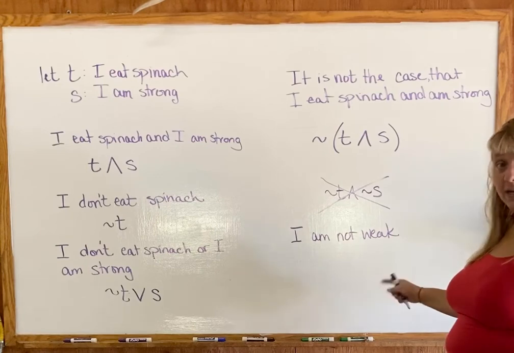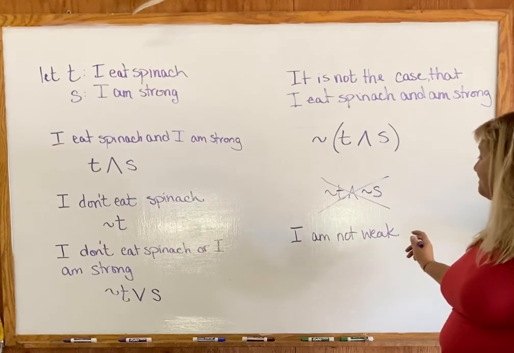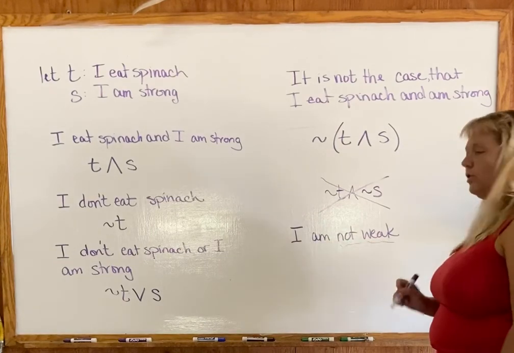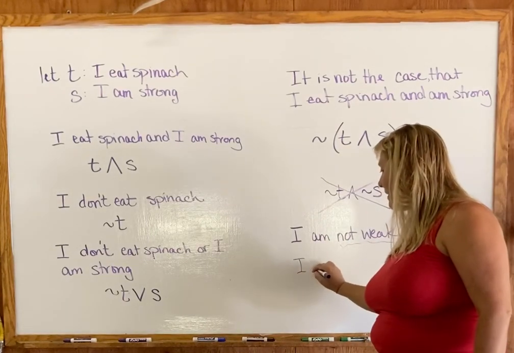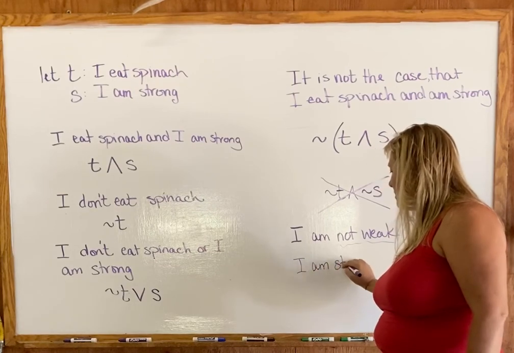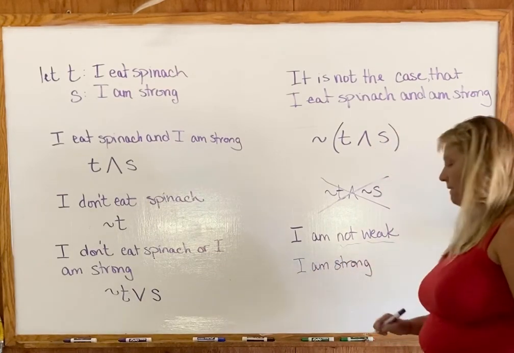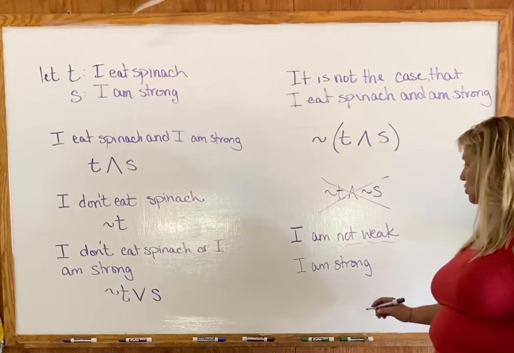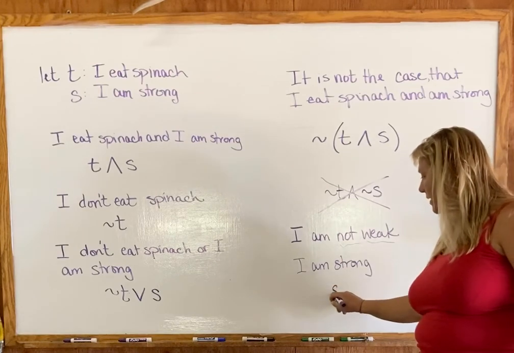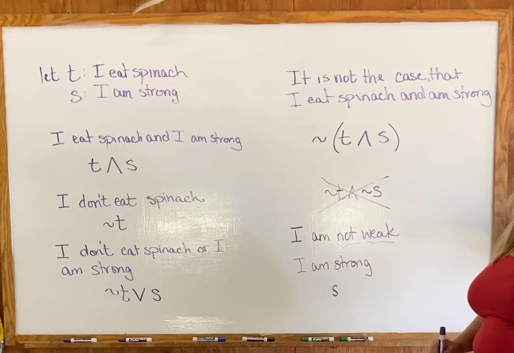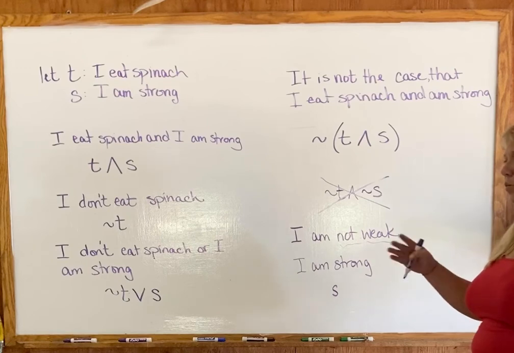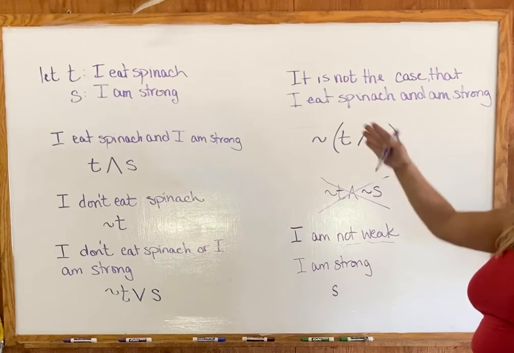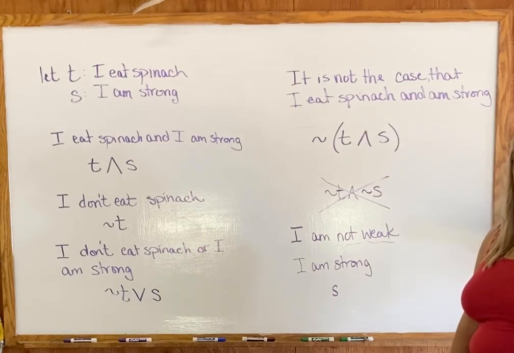Luckily, we will be done in a minute, and so it worked perfectly. We need to rework this. So not weak, could we write that as I am strong? And then I am strong would just be S, wouldn't it? Okay, so sometimes we have to rework the statement a little bit in order to figure out which one of the statements we're actually looking at.